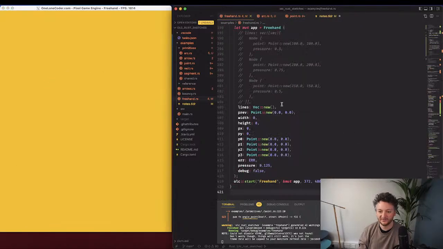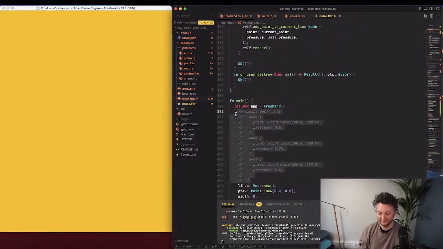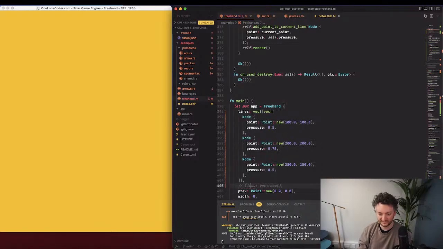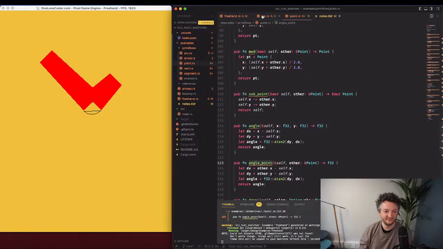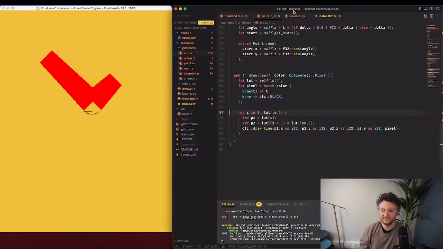Let's bring back our default lines here, like our test lines, so we can see what's going on. And then actually, when we draw an arc, we don't just want to draw these lines. We also want to draw from the center.